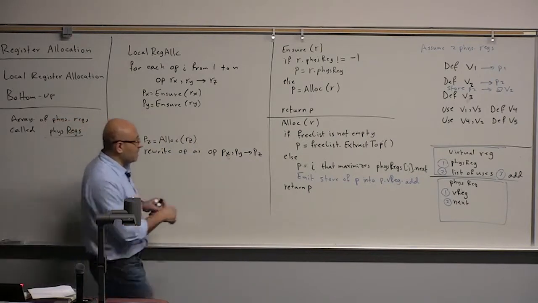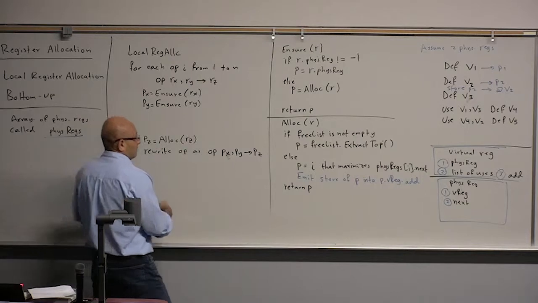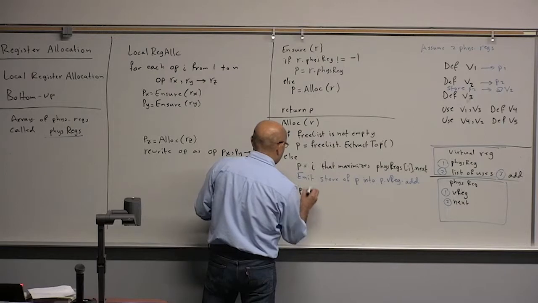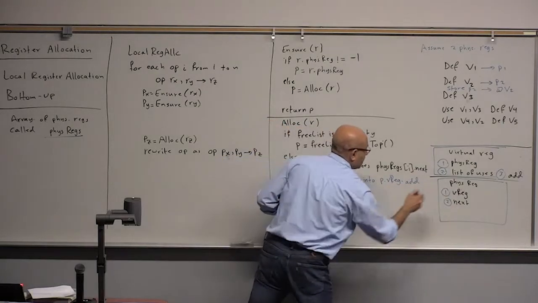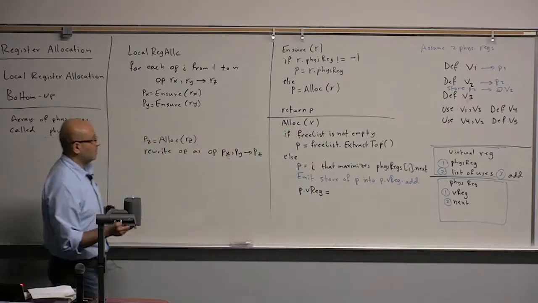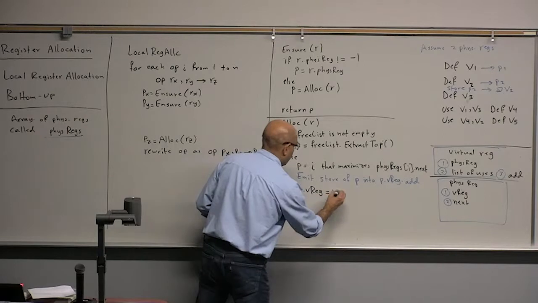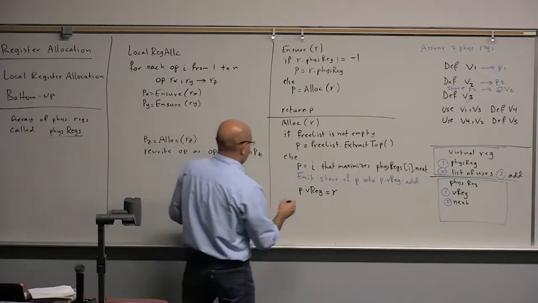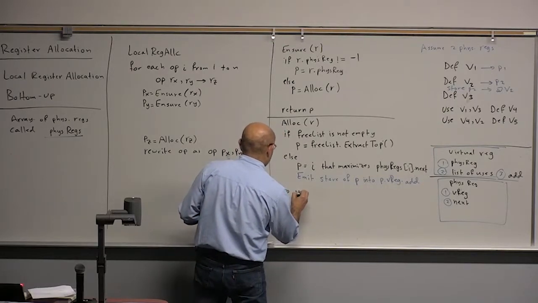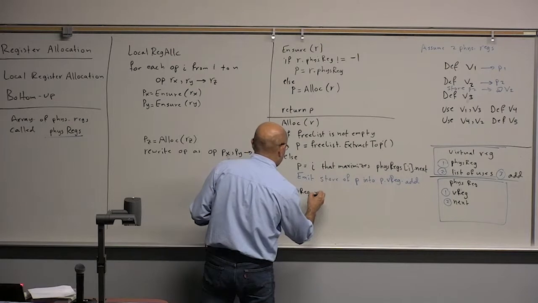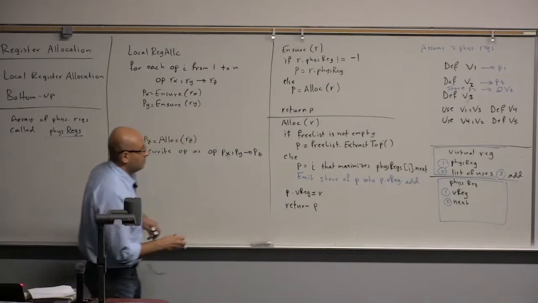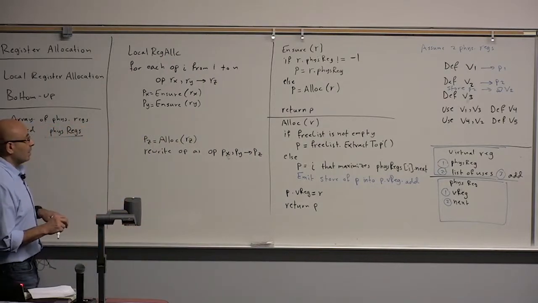So we need to set P dot vreg equals R. In fact, this is going to be for both. P dot vreg equals R, and then we return P.